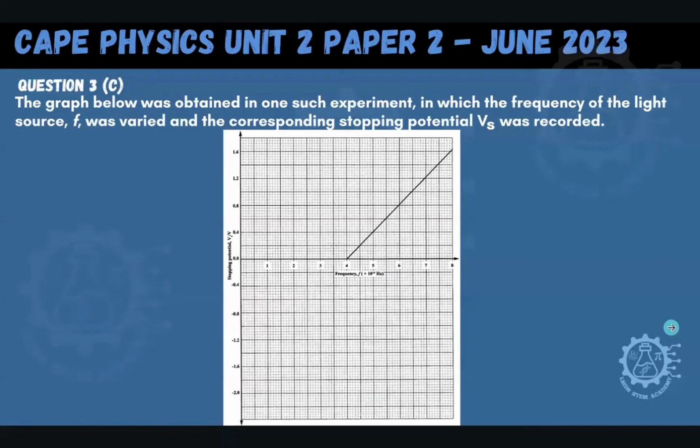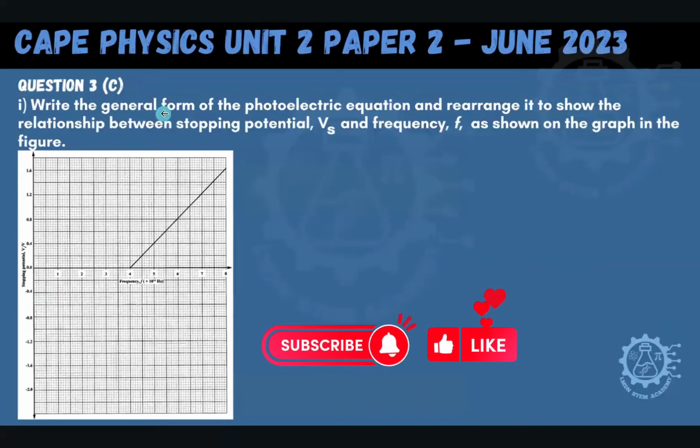So let's go ahead now. It says write the general form of the photoelectric equation and rearrange it to show the relationship between the stopping potential and the frequency as it's shown in the graph. So this is a graph, as you can see, and there's like a line here. So it's like a linear relationship that's established here that we can see.